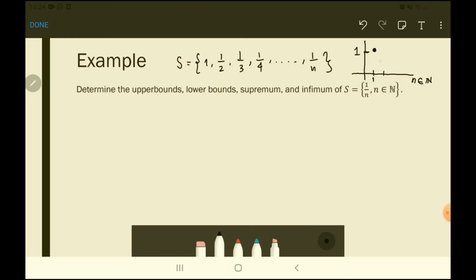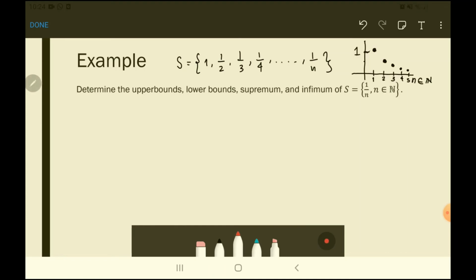For n equals 2 it's going to be a half here. For n equals 3 it's going to be 1 third there. You see that the values of the elements of the set are getting smaller and smaller.